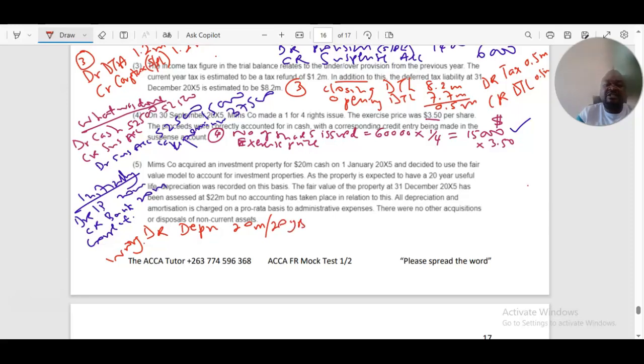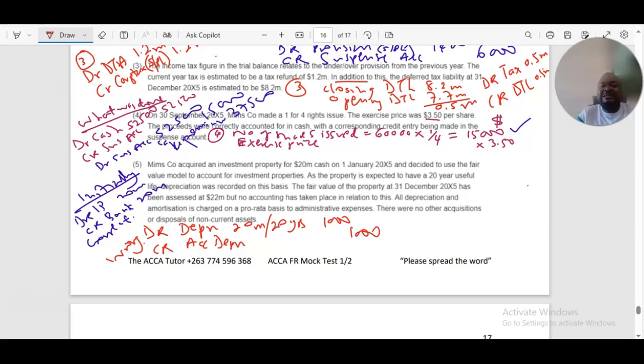So the depreciation charge was $1,000, and this was accumulated into the accumulated depreciation account. Okay, 1,000 as well.